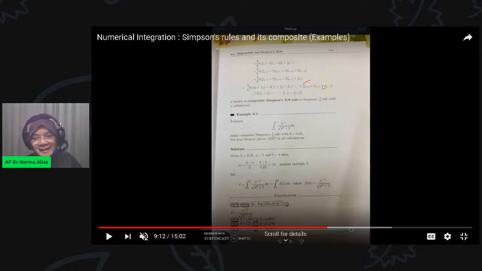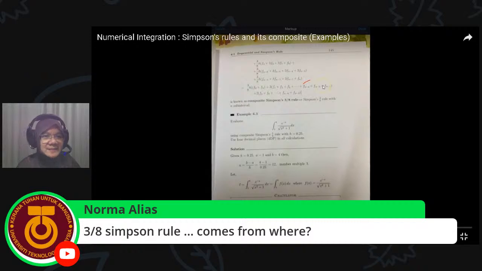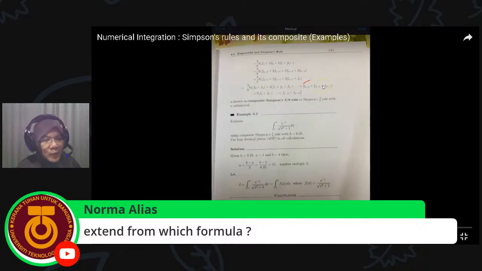The 3/8 rule is extended from the Simpson's rule. However, my question is: where does the Simpson's rule come from? And then the 3/8 rule is extended from where? Which formula is used to create the 3/8 Simpson's rule?